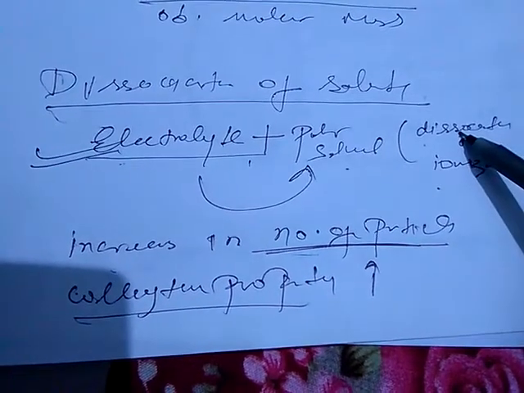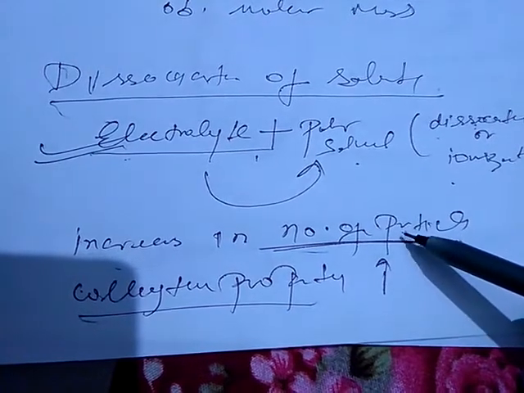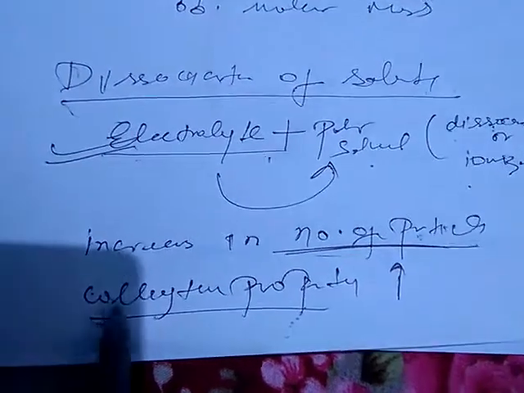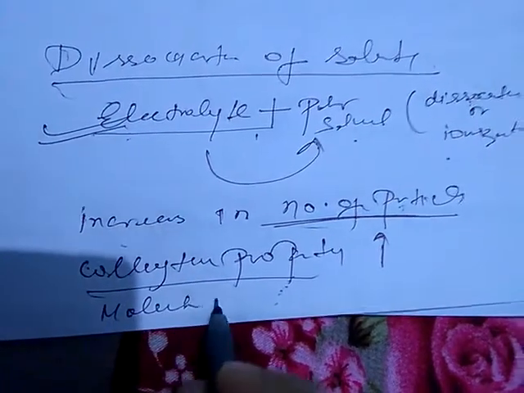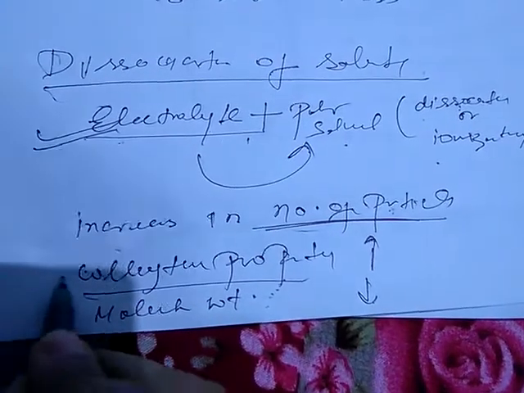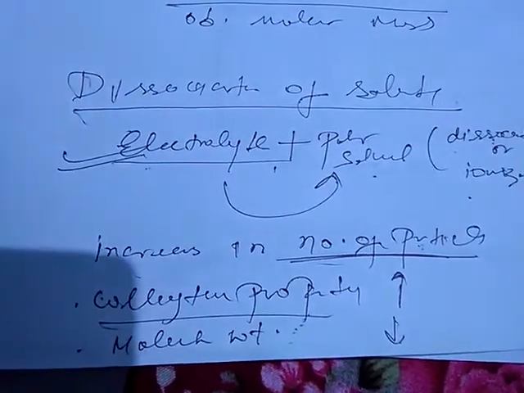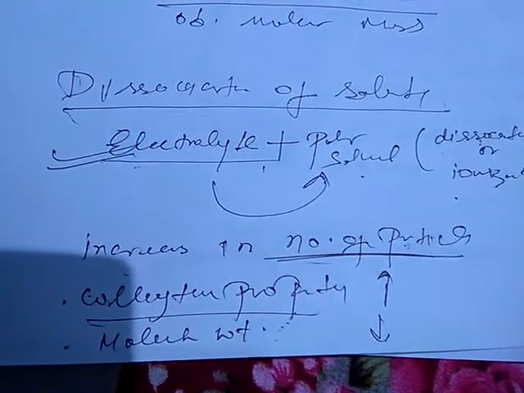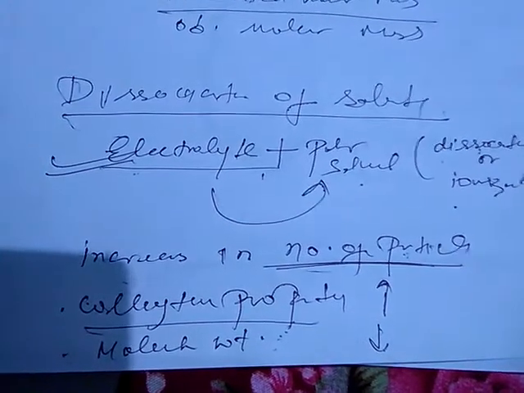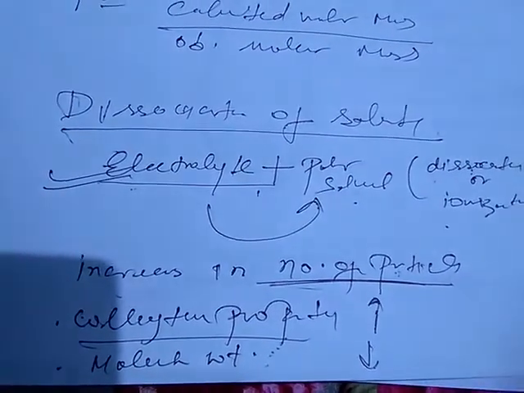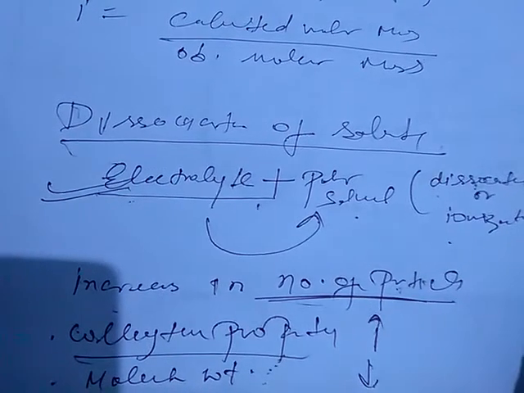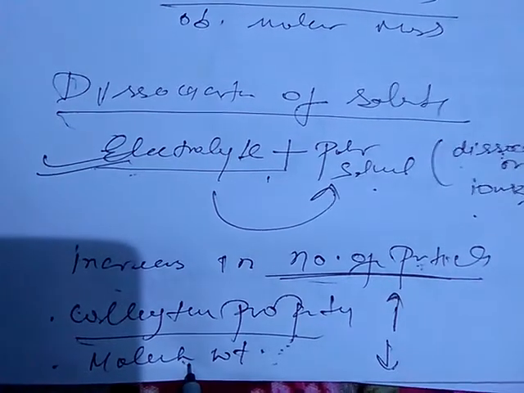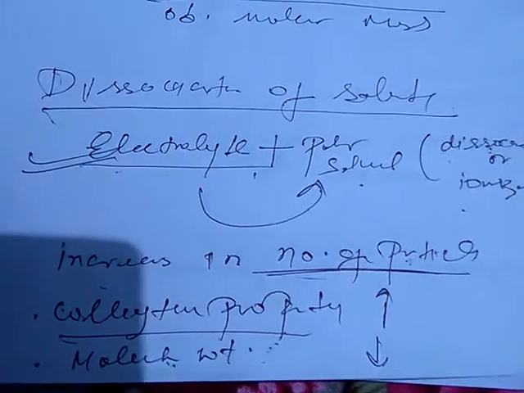Due to dissociation the number of particles has increased, so the colligative property will also increase, and ultimately the molecular weight would decrease, as colligative property and molecular weight are inversely proportional to each other. So we can say that the molecular weight of a solute which can ionize will be less than its theoretical, calculated value. All those solutes which can ionize, their molecular weight would be found less than their actual molecular weight.